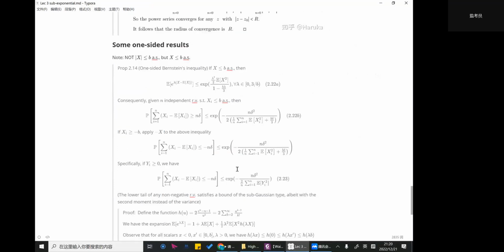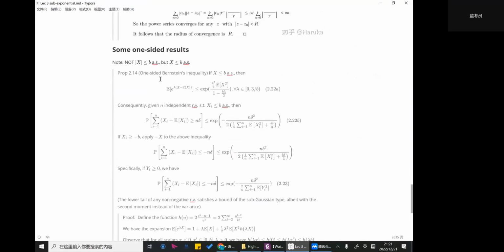Finally, there are some one-sided results. We know that the absolute value of x is bounded, but x has some upper bound, and we get this proposition 2.14, the one-sided Bernstein inequality, like this.